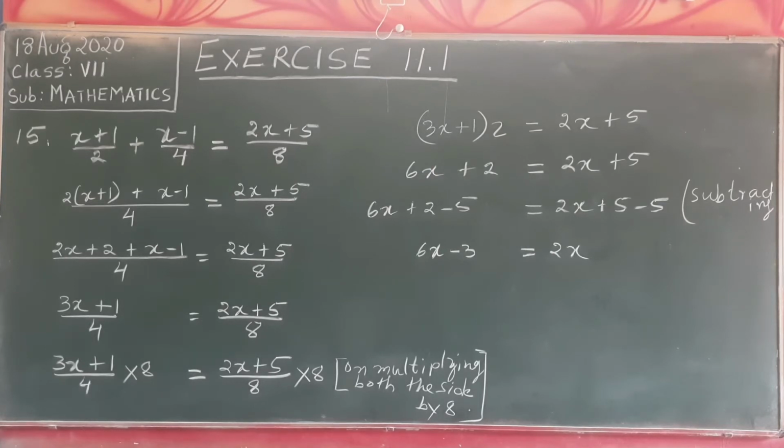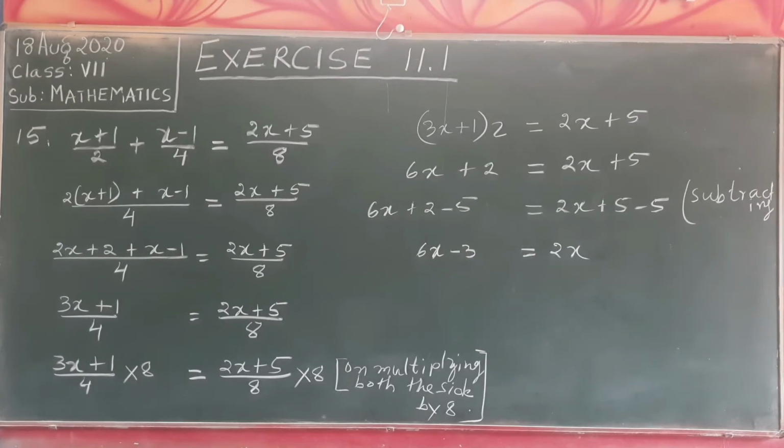The next step, 3x plus 1 upon 4 is equal to 2x plus 5 upon 8. Now on the left hand side, 3x plus 1 upon 4 into 8 is equal to 2x plus 5 upon 8 into 8.